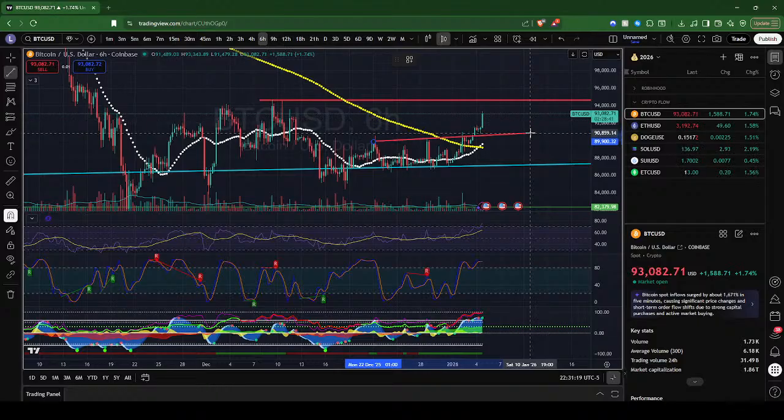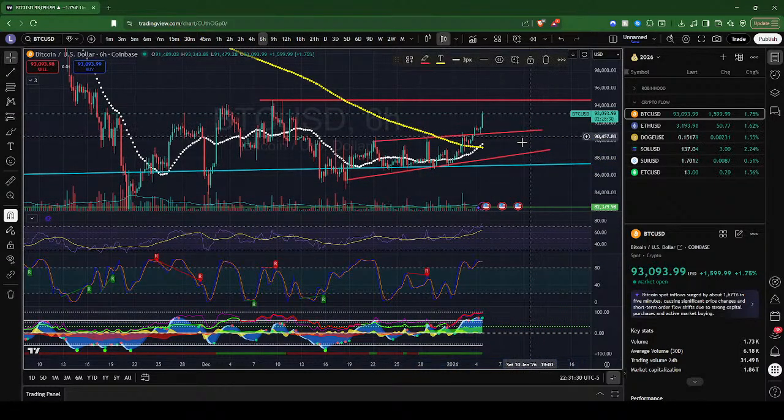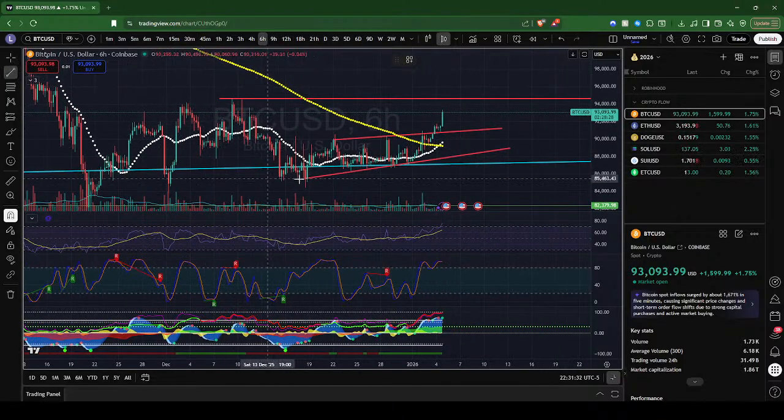You could say we even broke out something like this. Something like that, made a flag. You could even say it was like that. And then we have a measured move of this price range.